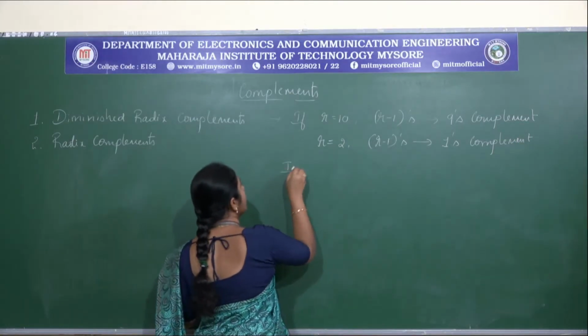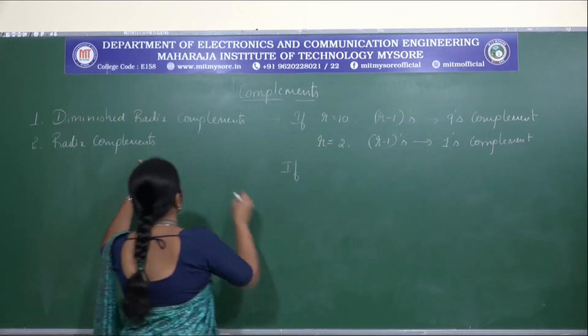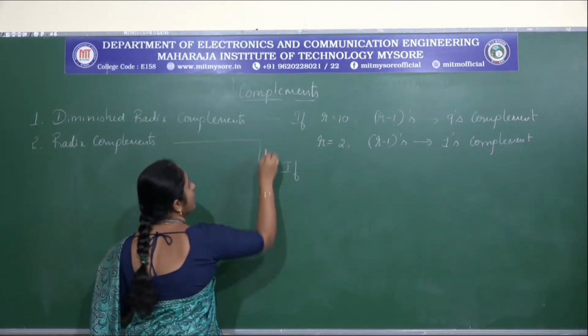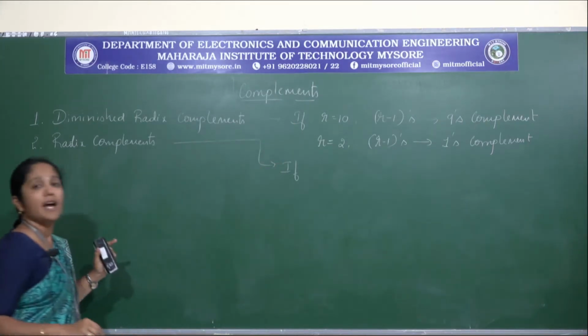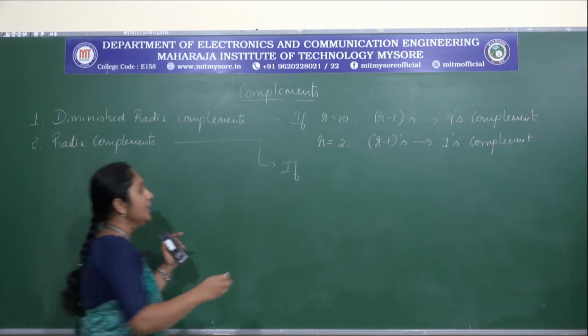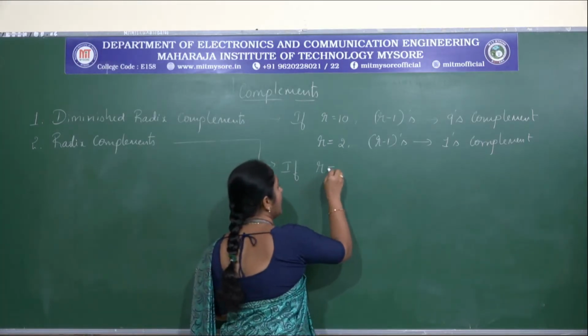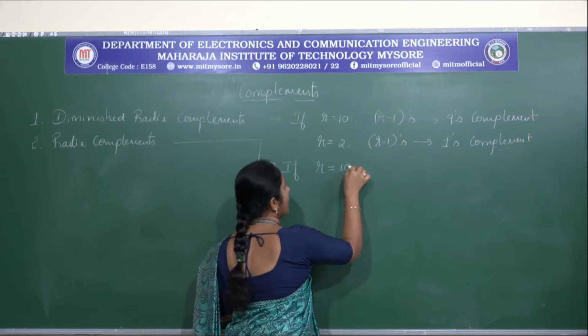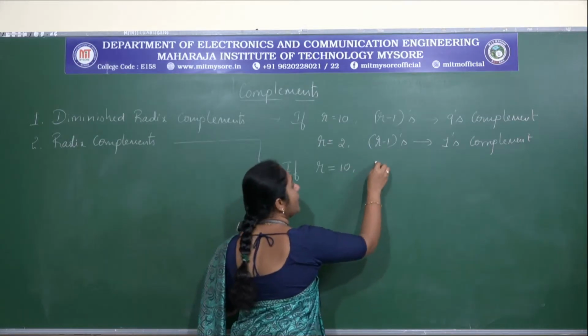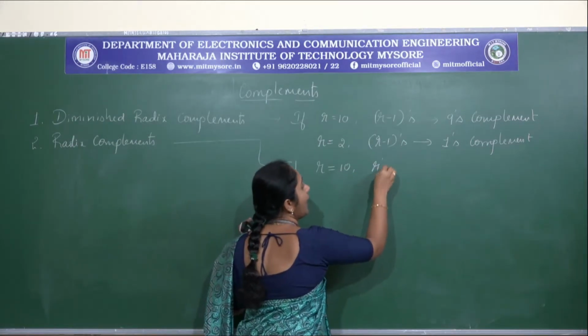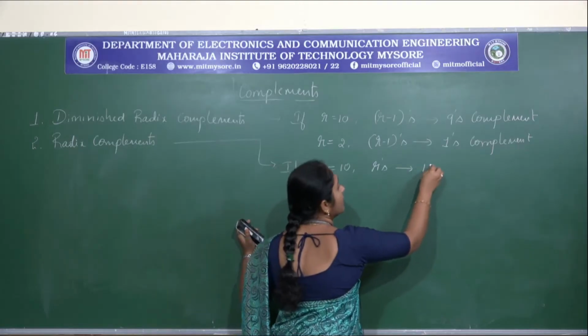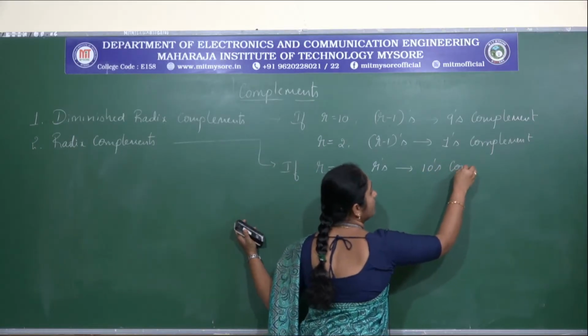Next, the Radix complement. If r is equal to 10 in the case of Radix complement, it is represented as r's complement, which is 10's complement.